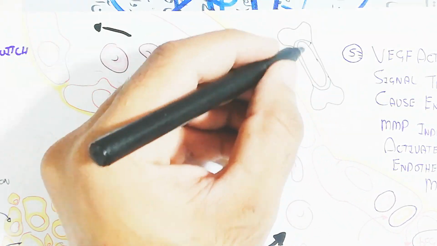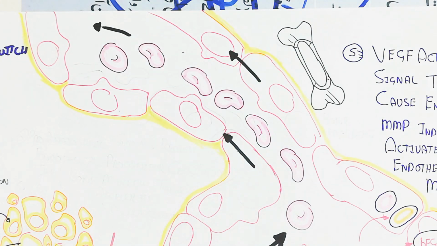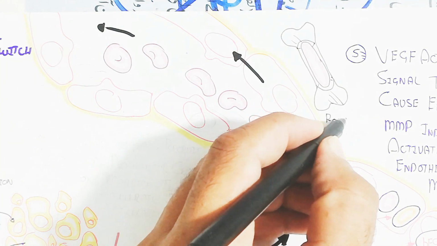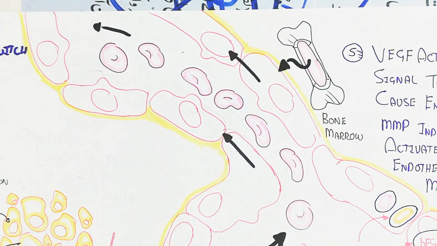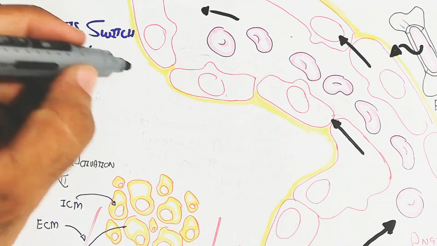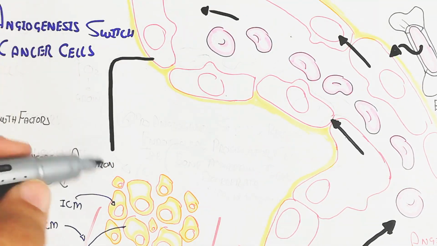This is a bone and it contains bone marrow. Bone marrow will provide the facility for fibroblast to convert into the endothelial cell. Anyhow, it will be increased here.